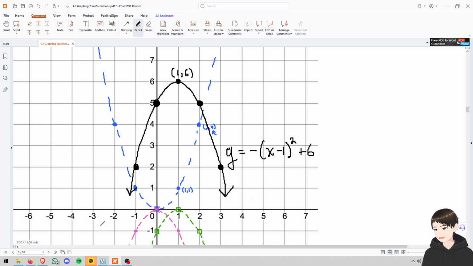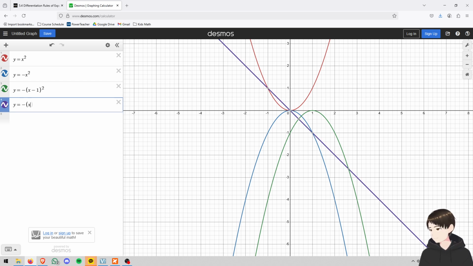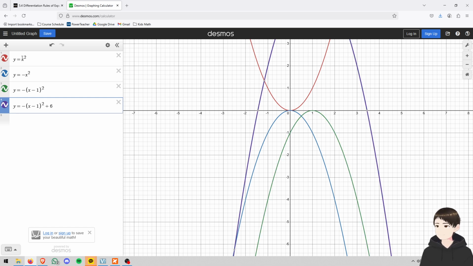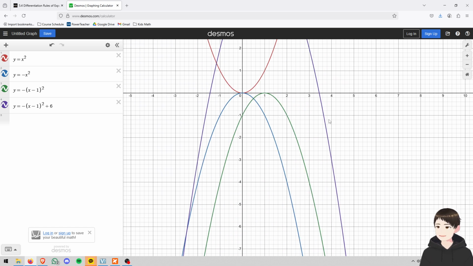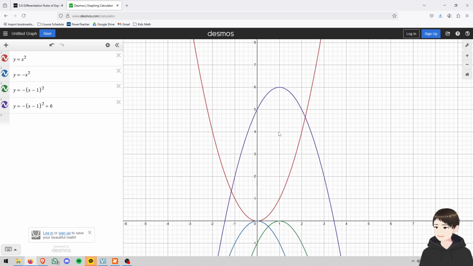And as a final confirmation, let's see if we graphed it correctly. Y is equal to -x-1 squared plus 6. Whoa. Yeah, it's up there. We don't see all of this because we finished it off with a little arrow here, right? But I think we're doing it right.